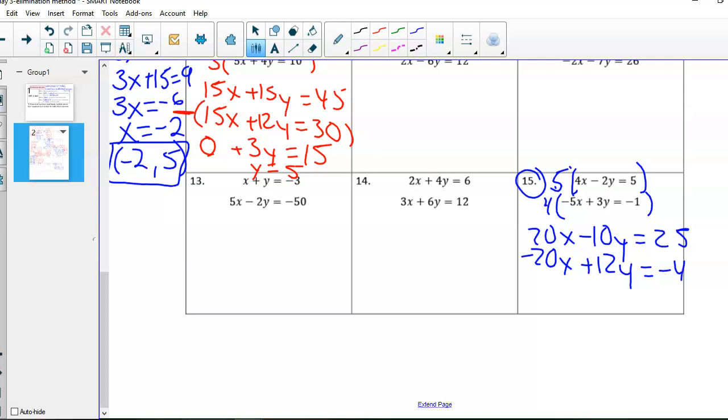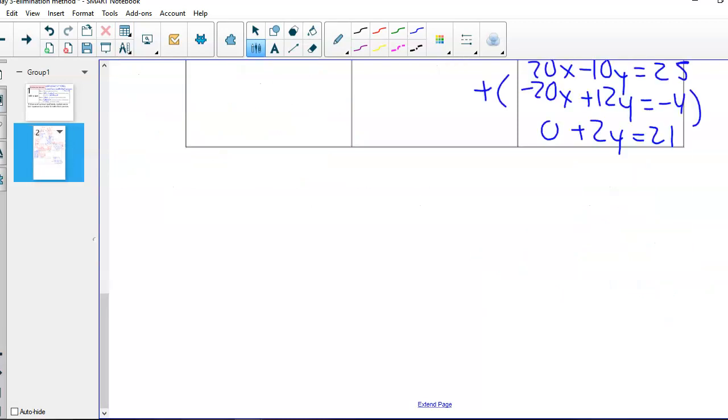And then what? If we subtracted this entire function, 20 minus -20, would that cancel? So we add, this would become 0. This would become positive 2y. 25 minus 4 would give us 21. So y is going to be a fraction.